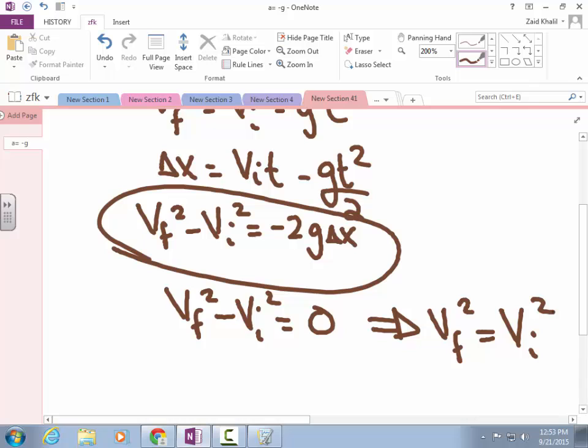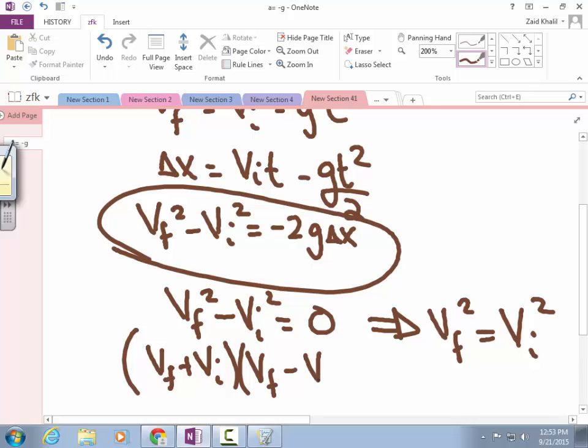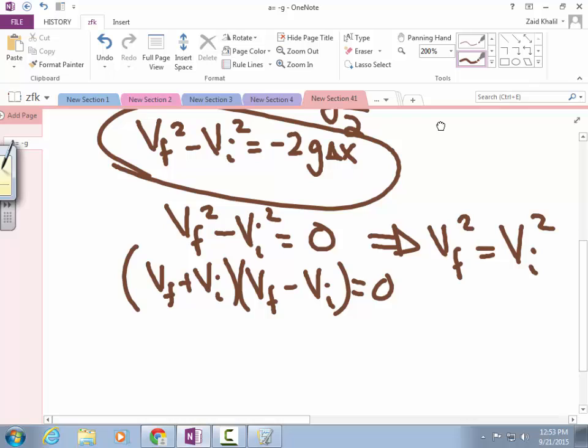Basically, physical reality. If I were to actually formally solve this, how would I formally solve this? I would have to factor it. What's the factorization of this? So this is Vf plus Vi times Vf minus Vi. And what are its solutions? If A times B equals 0, that implies that either A equals 0 or B equals 0.